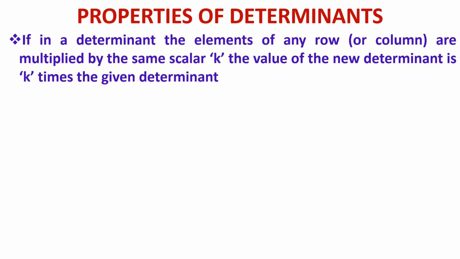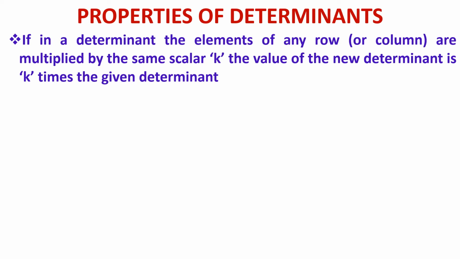Next property. If in a determinant, the elements of any row are multiplied by the same scalar k, the value of the new determinant is k times the given determinant. Highly interesting. We have seen this scalar multiple of a matrix in basic operations on a matrix. The same way, in a determinant, we are not going to multiply the whole determinant by that particular number.